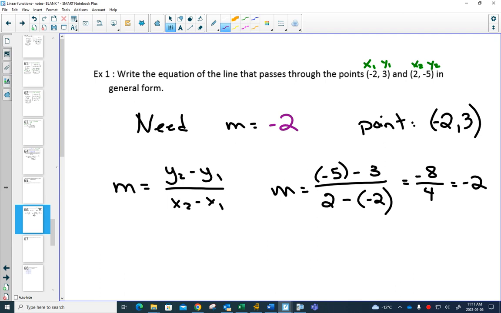So the point slope formula says y minus y1 equals m times x minus x1. Here is the point that I chose, so that would be my x1 and my y1.